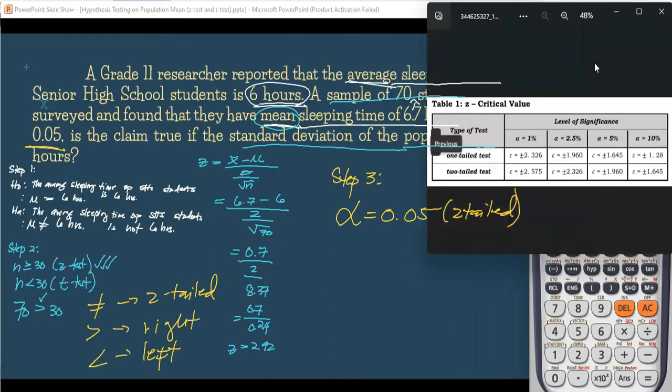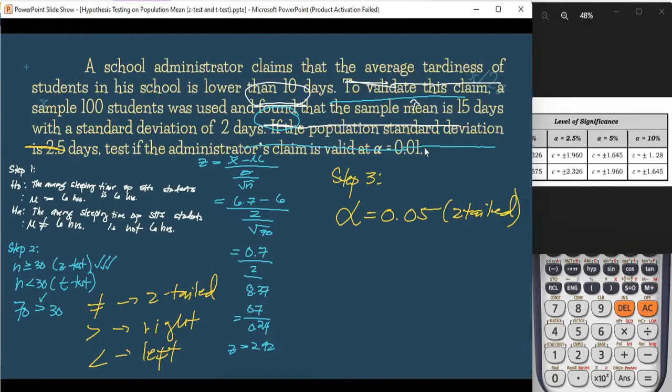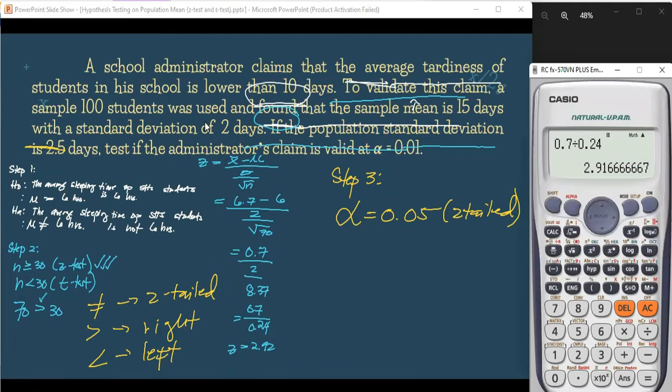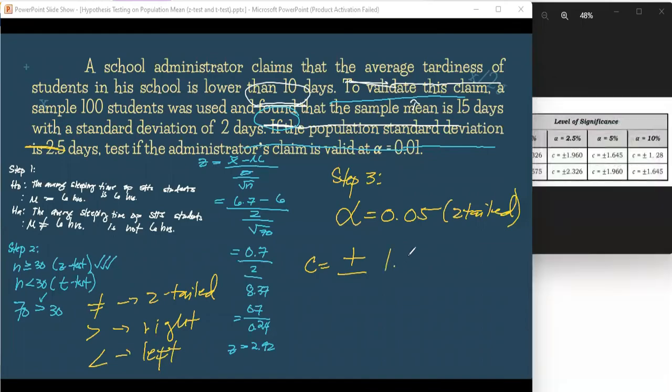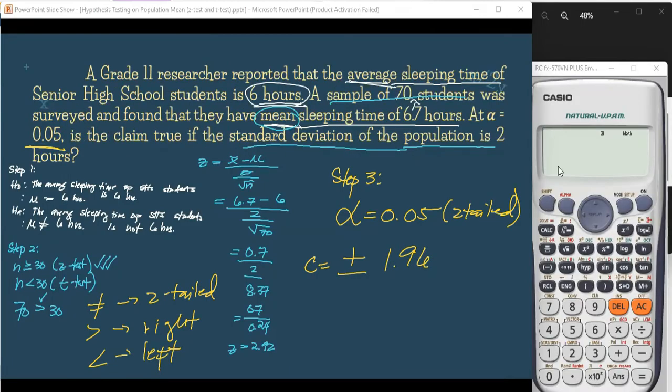So that is two-tailed daw po. And that is 0.05. So that is positive, negative, 1.96. So yun po yung kakailanganin natin. So that is our critical value will be positive, negative, 1.96.